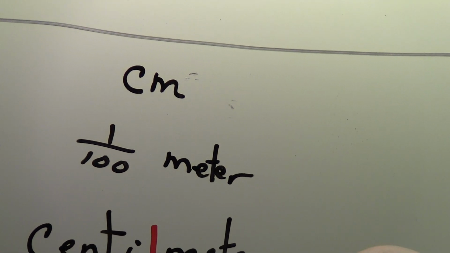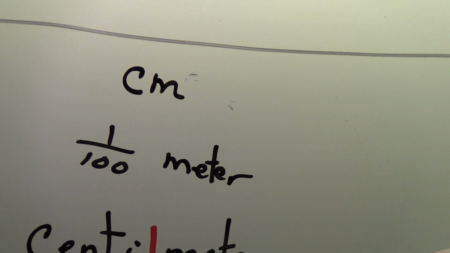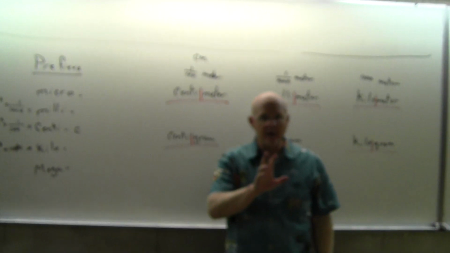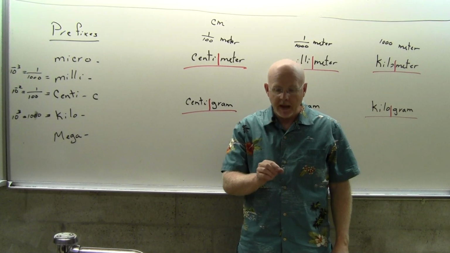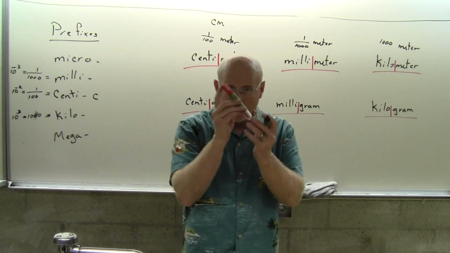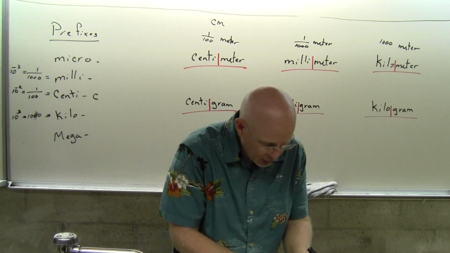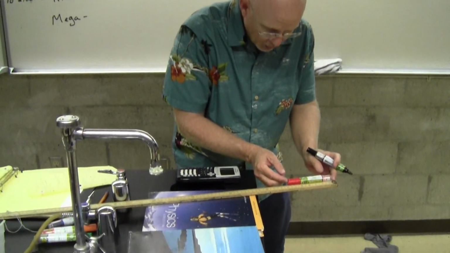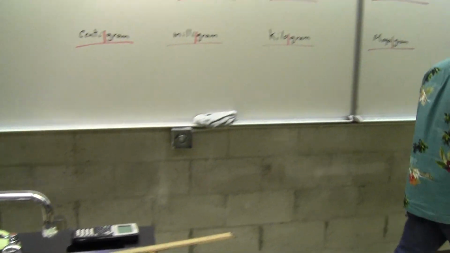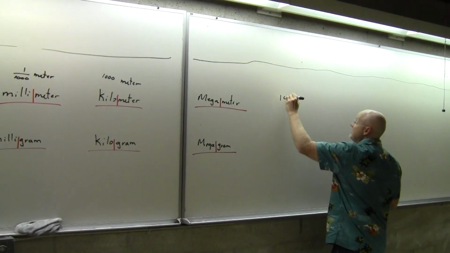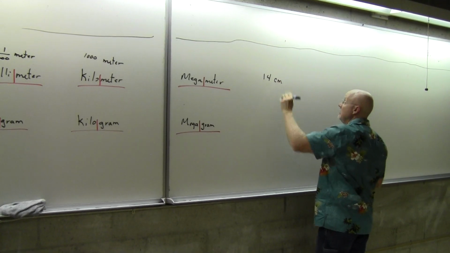Now let me pause right there, because I think all of you have written the word centimeter many times before. You know, maybe you took this pen and you put it on a ruler and you would say something like, hey, this pen right here is 14 centimeters.